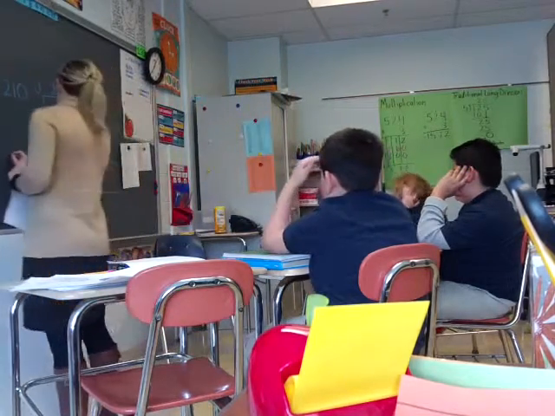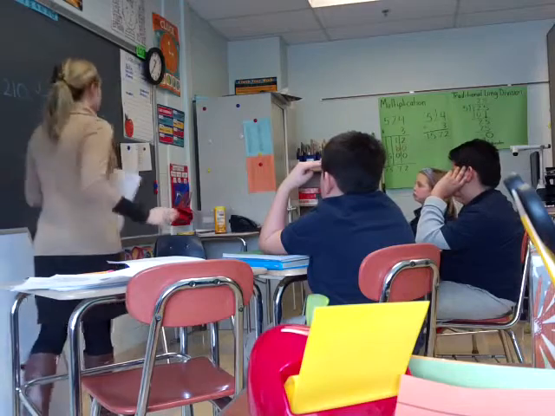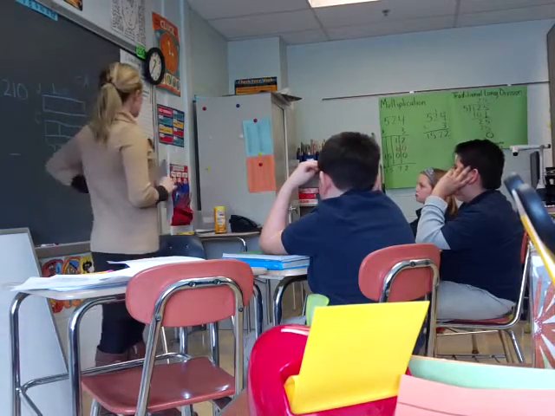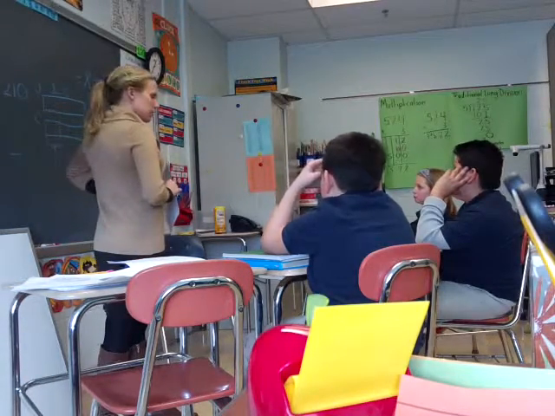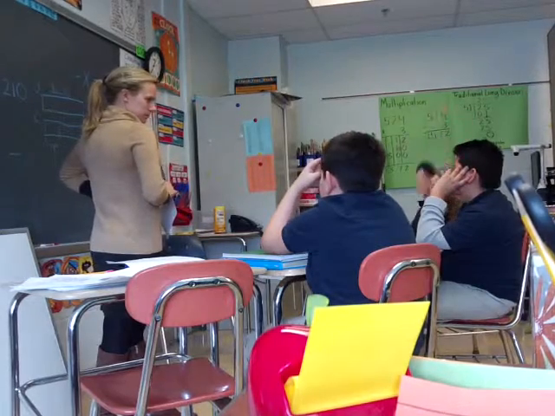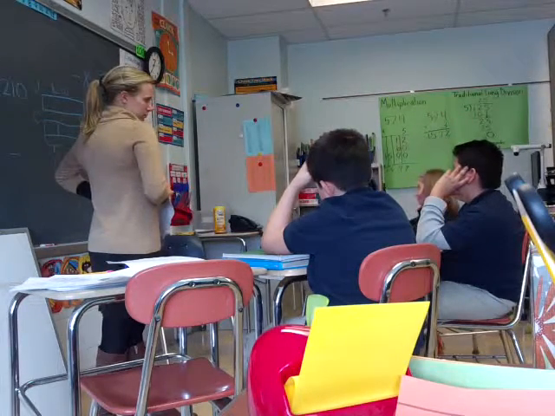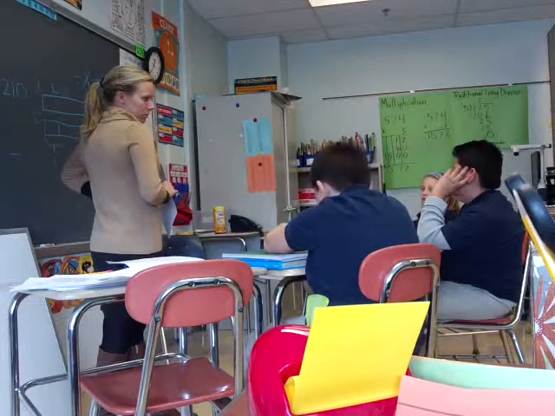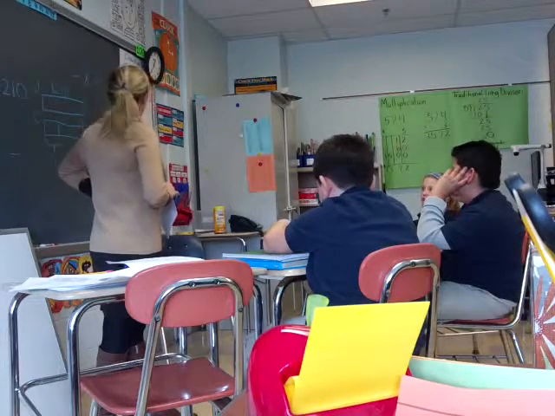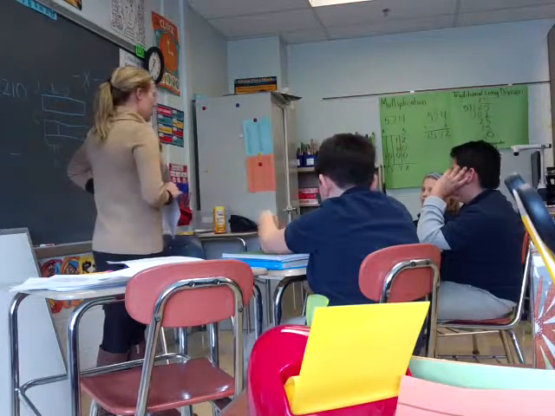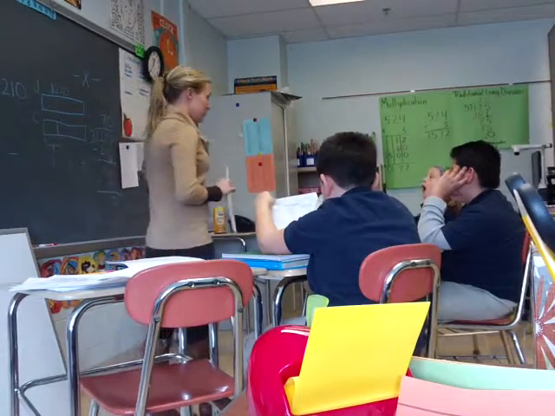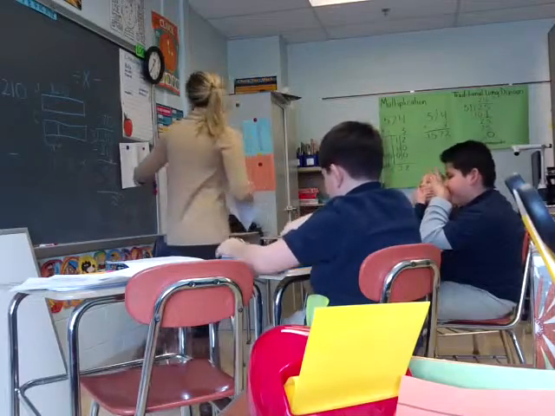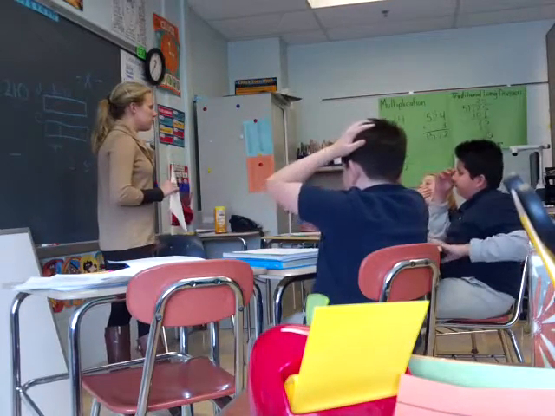I want everyone to check this answer. Actually, does anyone have an idea about how we can check our answer without using a calculator? Billy? Bless you. What did we learn about with our homework the other night? What is related to division?